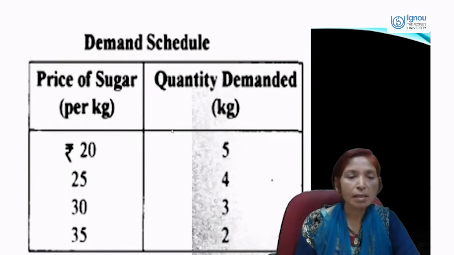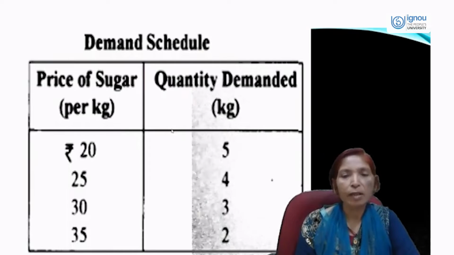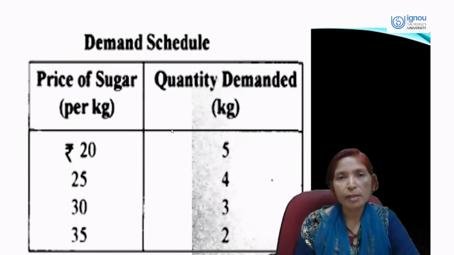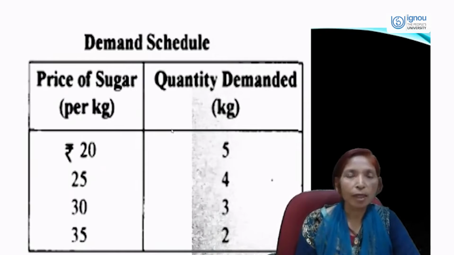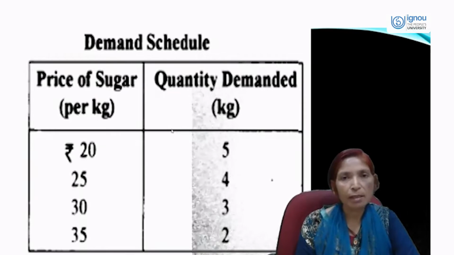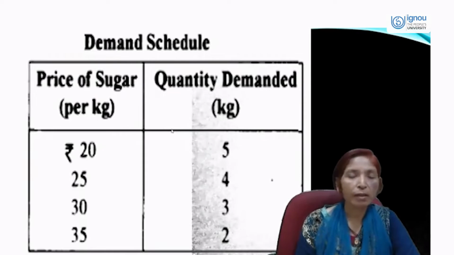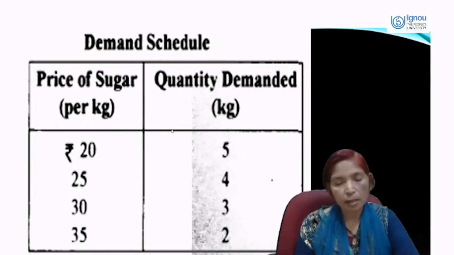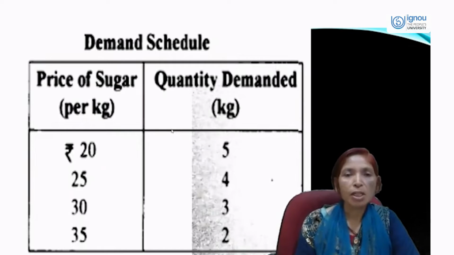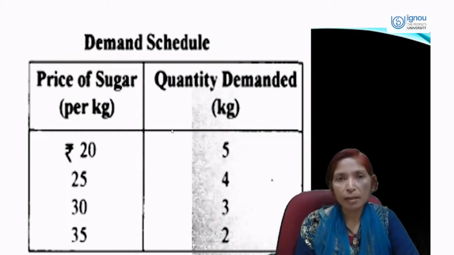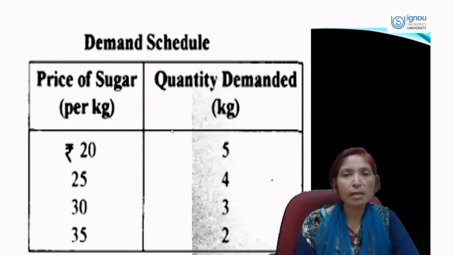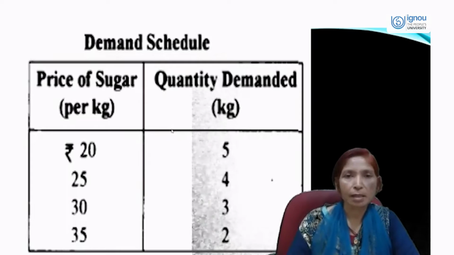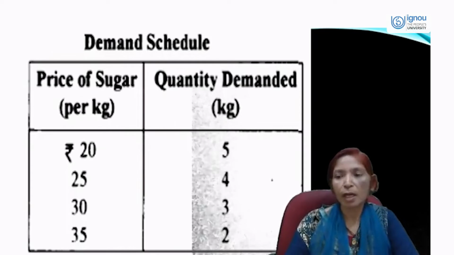When price rises from 20 to 25, then quantity demanded falls from 5 to 4. And if price rises again from 25 to 30, at this price demand is 3. And at 35 rupees price, demand is 2. So demand schedule shows different quantities demanded of a commodity at different possible prices or given prices. So this is called demand schedule.